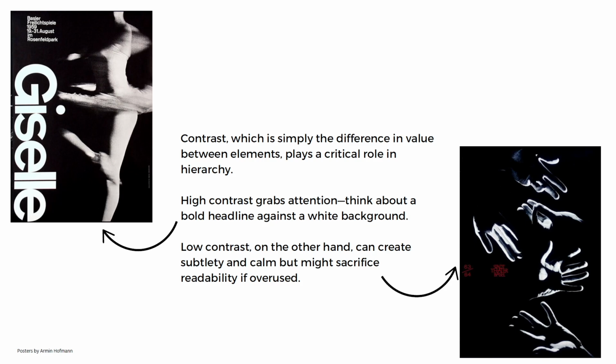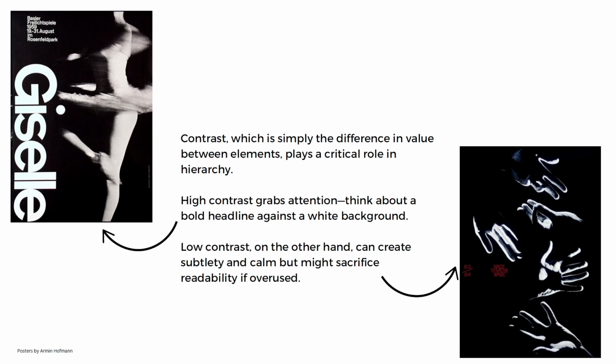So if it wasn't totally grayscale like we just saw with James Victore, what happens if you use it with a stronger contrast? So contrast with our values is just the difference between the elements' lights and darks. We have high contrast and we have low contrast. The one on the left is our high contrast, and high contrast is going to grab attention.